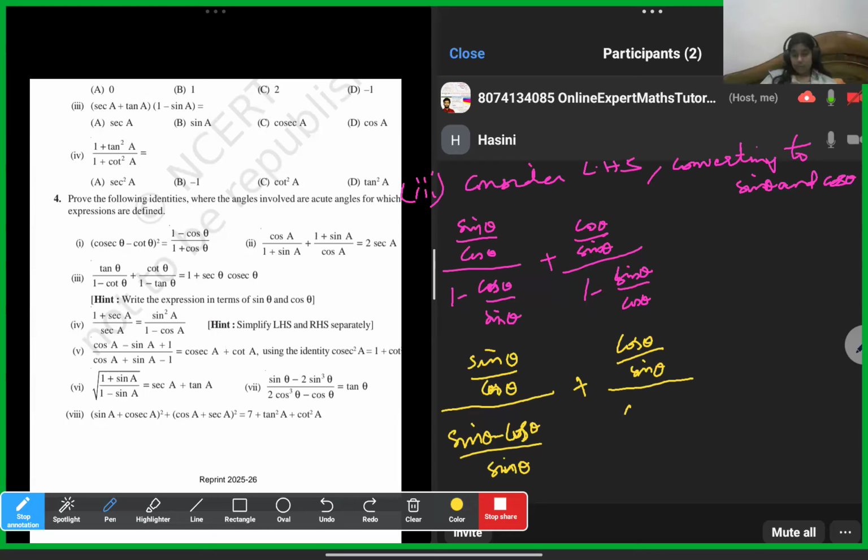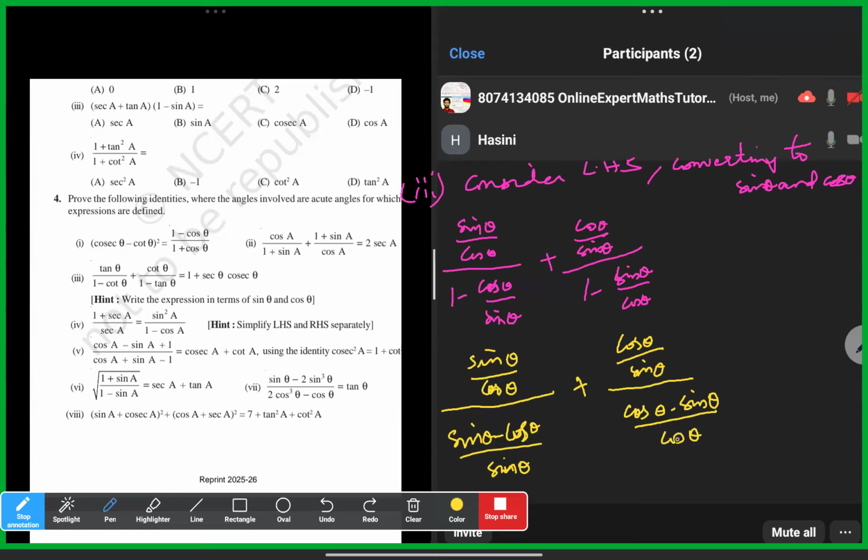Then cos theta minus sin theta, because the denominator is cos. We have to write cos theta by cos theta minus sin theta by cos. So cos theta minus sin theta by cos theta, correct?